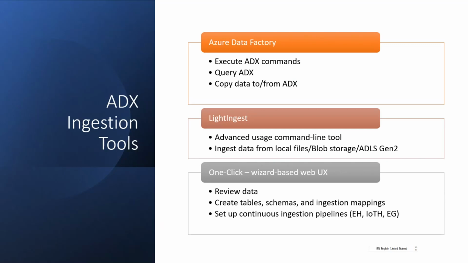The third point is One Click. It's actually not one click, it's four clicks, to be honest, but it's a code name for smooth ingestion. Many customers working with their own data are not usually very familiar with the data structure.